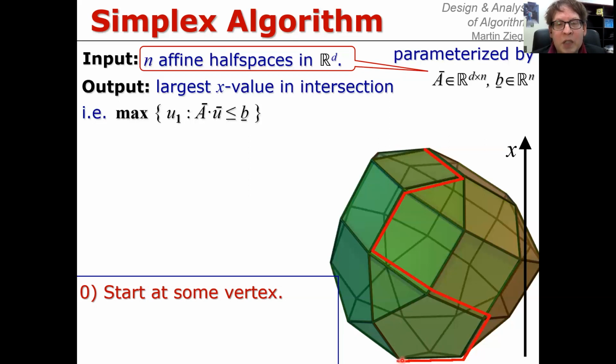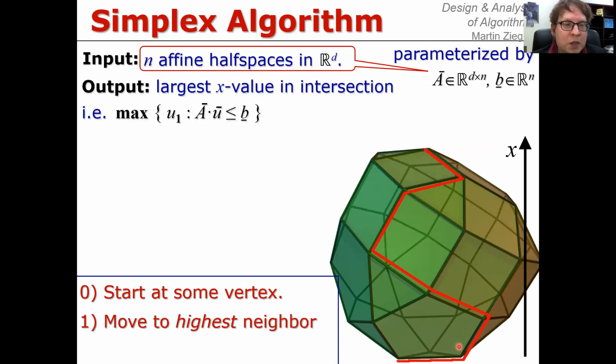The neighbor vertex is a choice of the simplex algorithm. It should be a vertex which has a larger x value so that the simplex algorithm moves upwards. So for example, it could move to the highest neighbor vertex or to the closest neighbor vertex that is higher.